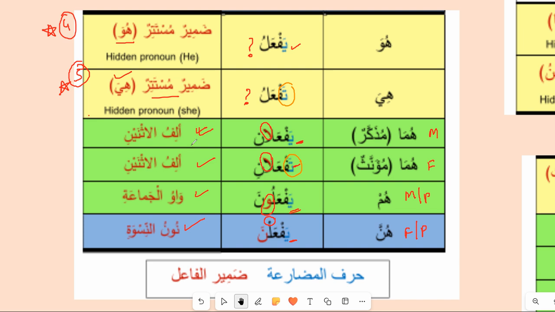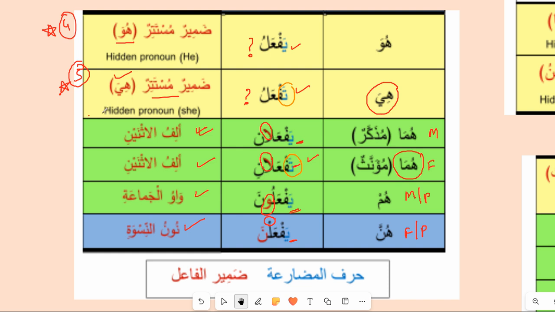But remember, in the ghaibs, as soon as the feminine singular comes and the feminine dual, the ta comes just to distinguish between the male and female. Remember, harf mudare is in blue color and damir fail is in red color.